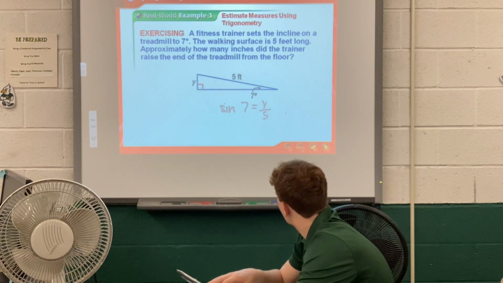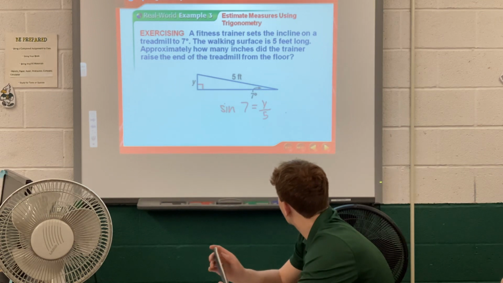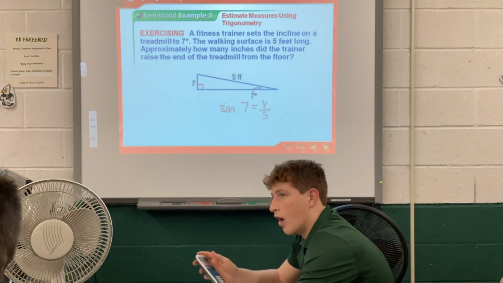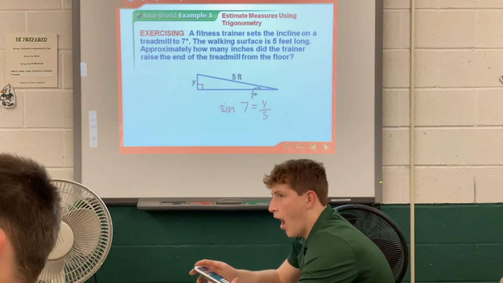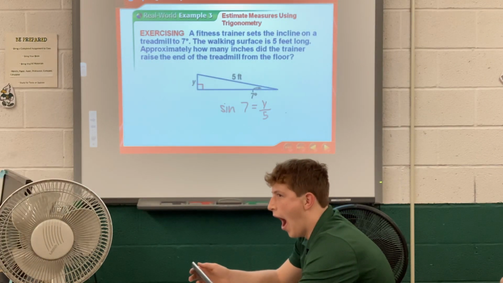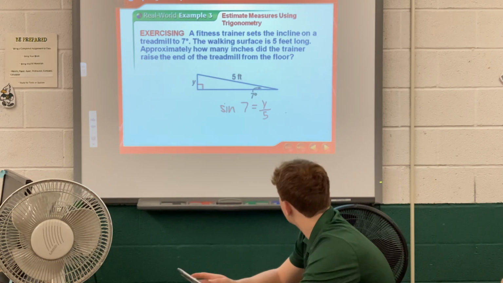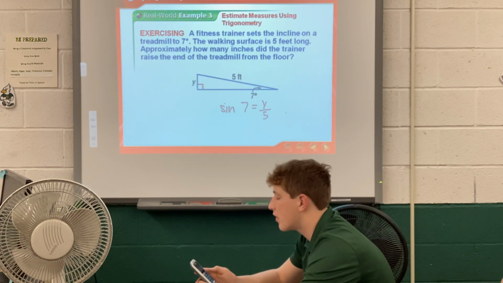Sine is opposite over hypotenuse. This one we didn't talk about. It's a little different than how we got to this right here. To find y, all we're doing is multiplying sine of 7 by 5.